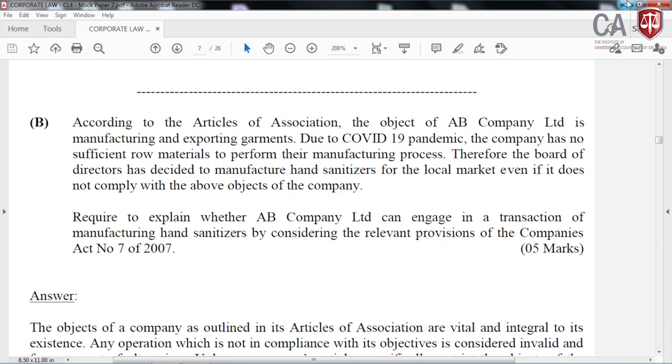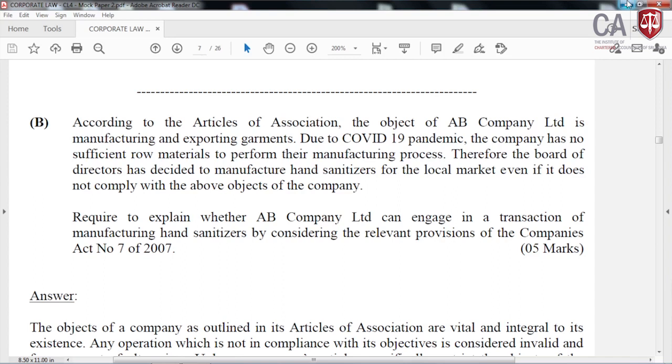Likewise here, AB Company Limited has also faced difficulties in manufacturing and exporting garments due to the scarcity of sufficient raw materials available for them to make the apparels.